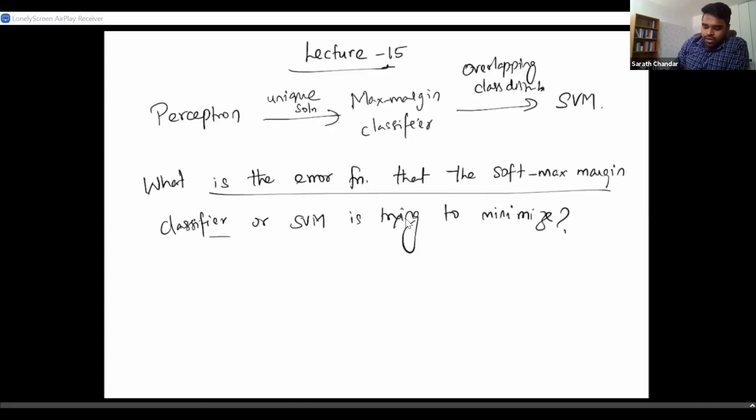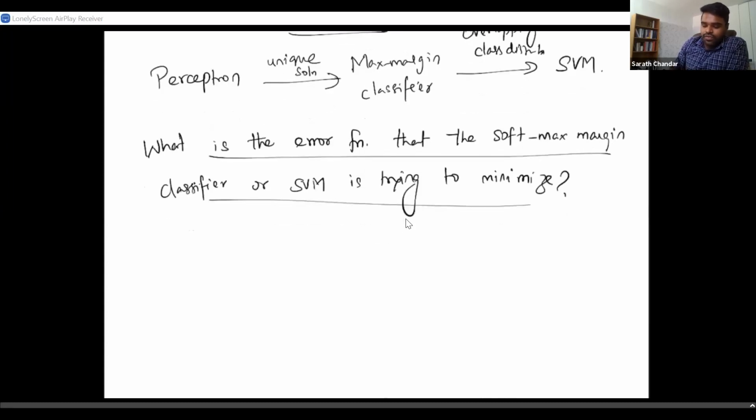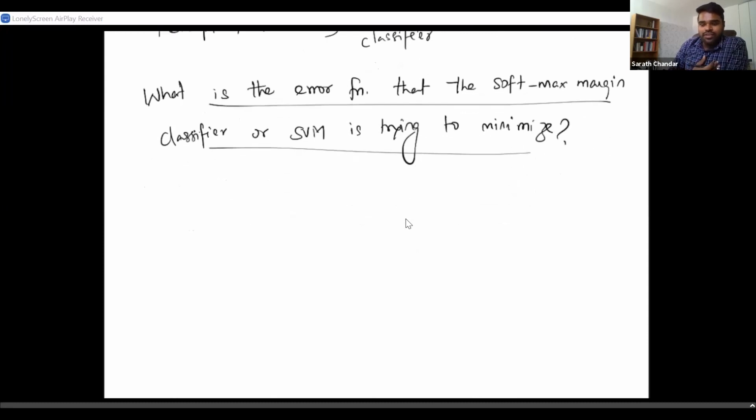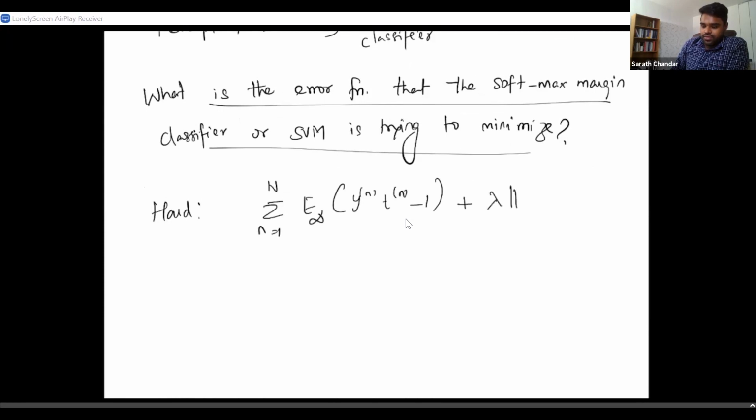So now to remind you of the hard version of the max margin classifier, the error function was summation n is equal to 1 to capital N, E infinity of y of n, t of n, minus 1, plus lambda times w square.